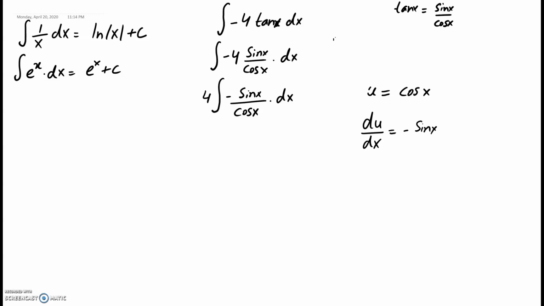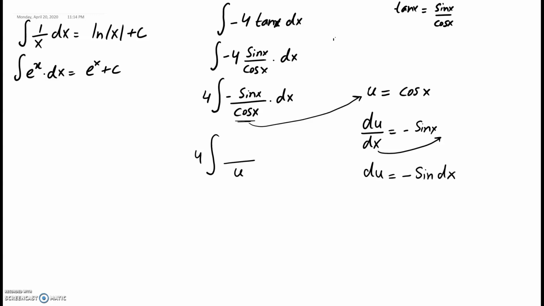Now look, what do we need? I will replace these values. The cos x will change to u, correct? So it will become 4 times the integration of 1 over u. If I take this dx over here, du equals negative sin x dx.